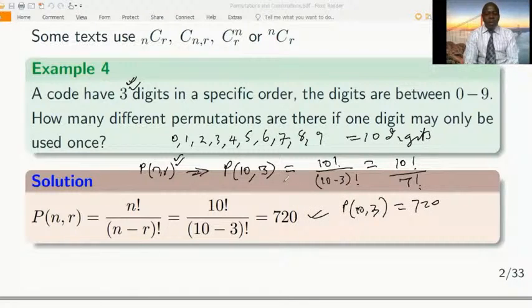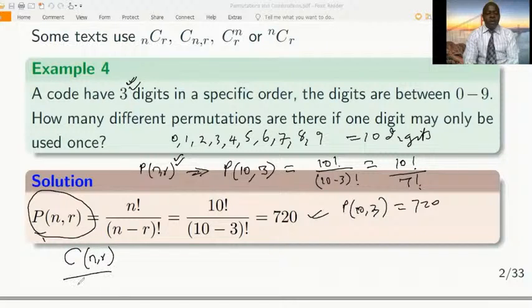The only thing you need to understand is in what question we are using the permutation formula, and which one we are using the combination formula. You could still use your calculator straight away, because your calculator has the symbol for permutation and it also has the symbol for combination.